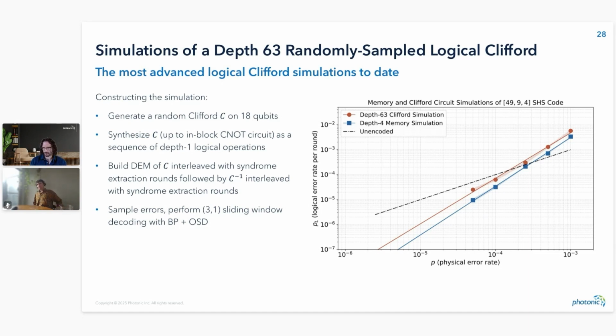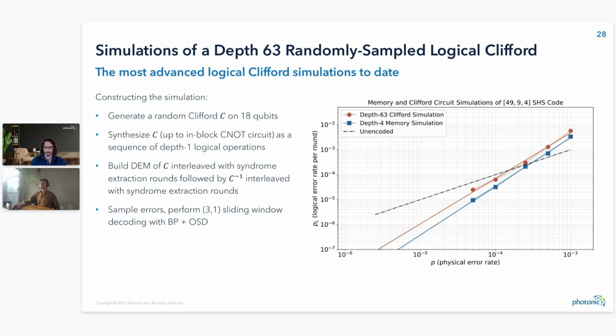So I'm pretty sure that with additional fidgeting, you can drive the pseudo threshold you're seeing here even further to the right and make the logic simulation even closer to memory.